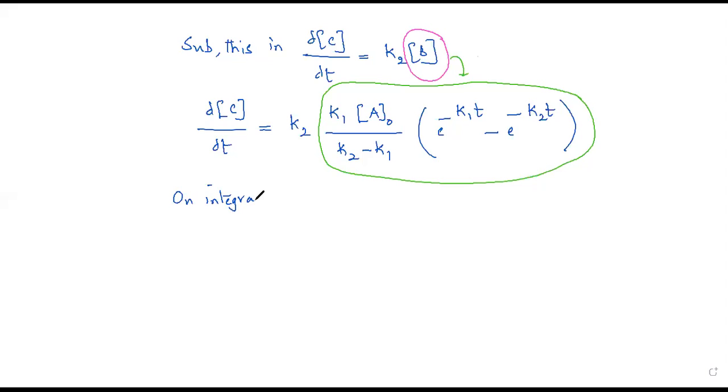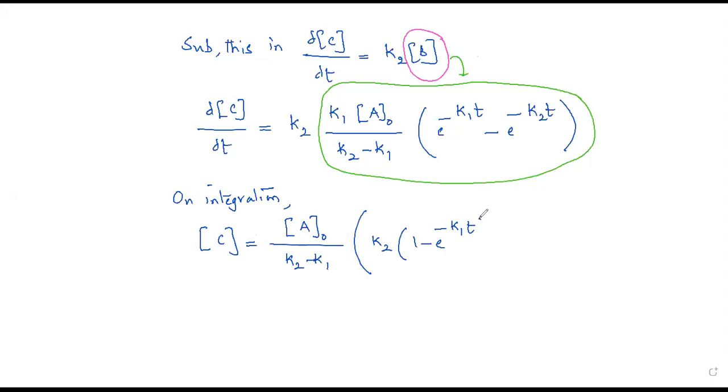So this on integration finally gives us the concentration of C. That can be, of course, given as A naught by (K2 minus K1) into K2 into (1 minus e power minus K1 into t) into (1 minus e power minus K2 into t).